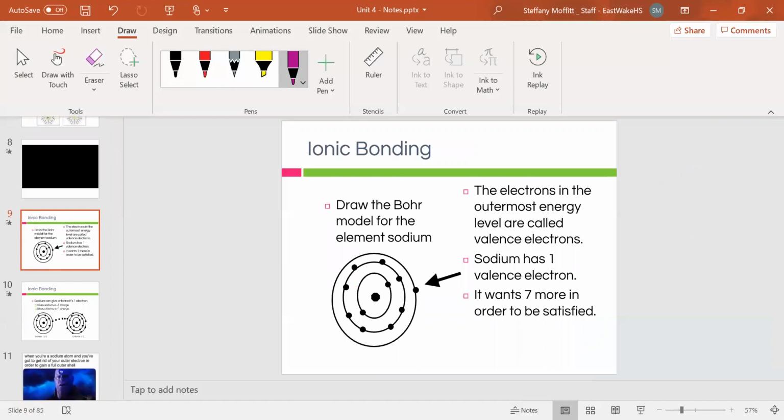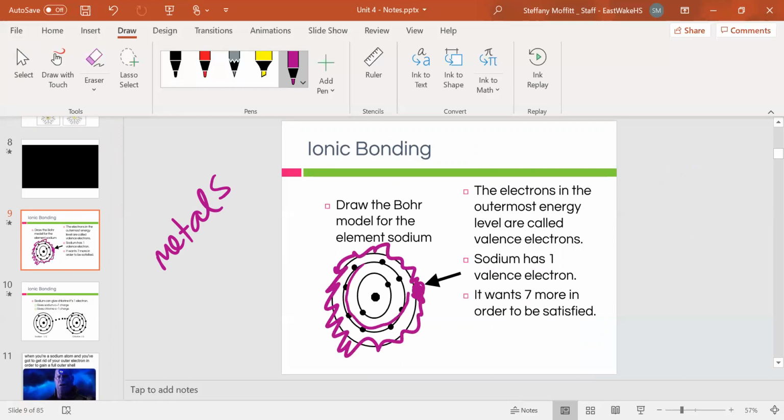So with this bonding, the metals are on the left-hand side of the periodic table, and they are going to be the cations in these bonds. These metals are going to get rid of this last valence electron, or if it has maybe 2 or 3, it's going to want to get rid of those, and it's going to want to get rid of this entire outer energy level and go back to this 8 that you see on this second to last energy level.